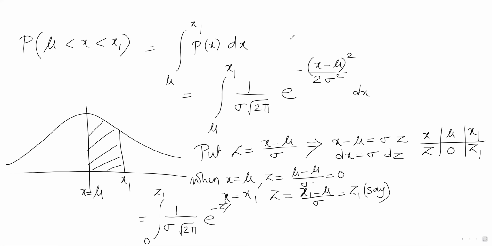Correct? We are putting z as (x minus mu) by sigma, and in this case I have the numerator term square as well as the denominator term. So this sigma will get cancelled, and we can see nicely here 0 to z1, we have 1 upon square root 2 pi e raised to minus z square by 2.